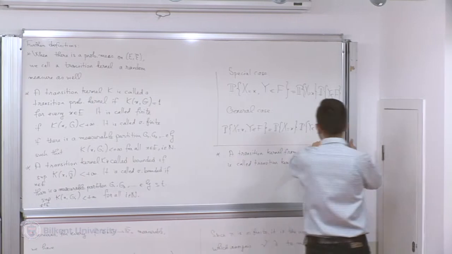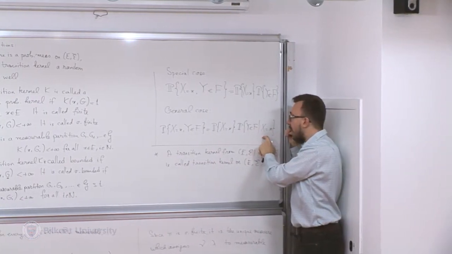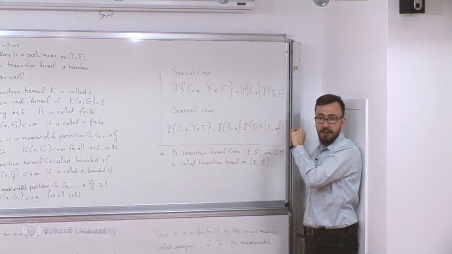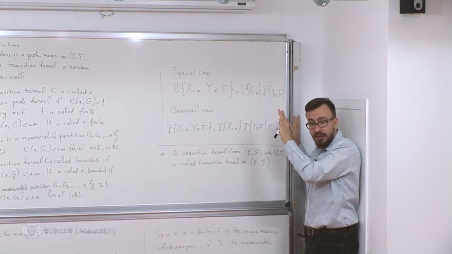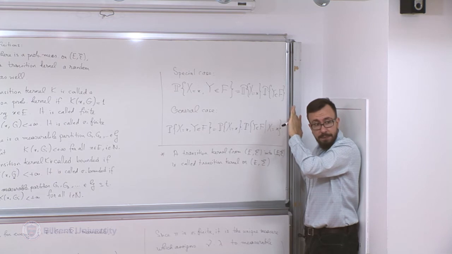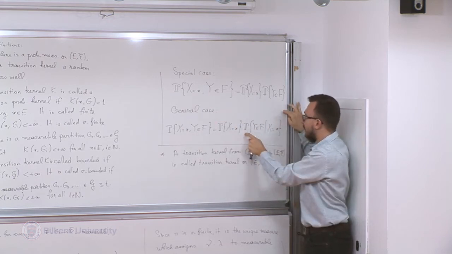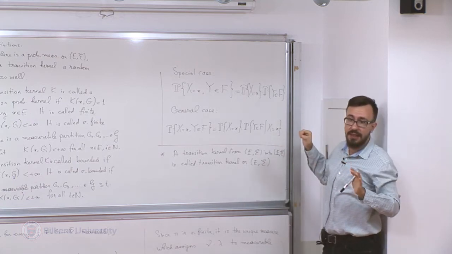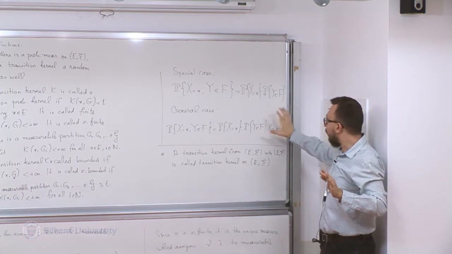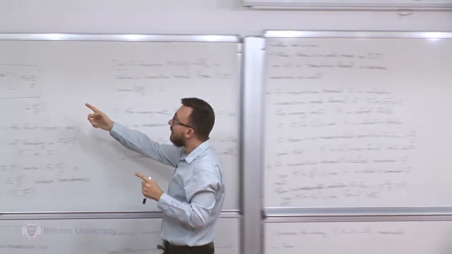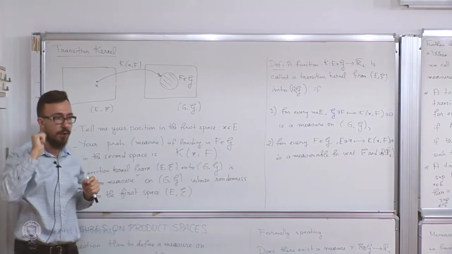If I know my position in the first space, I know my probability of landing in the second space. We haven't discussed conditioning yet. You have to wait for chapter 4 to get the connection between that and this. We haven't defined anything about conditioning yet. But if you know something about conditioning, always consider kernels as conditional distributions. Okay?